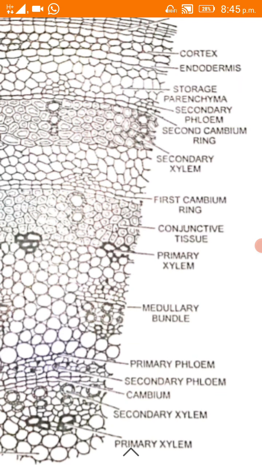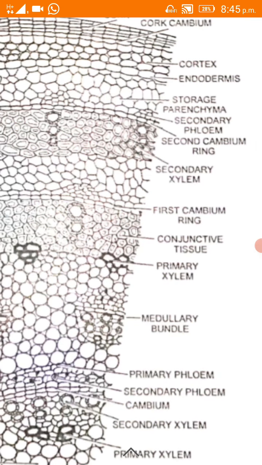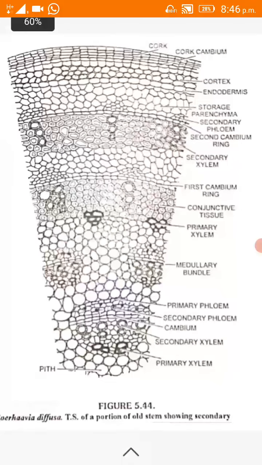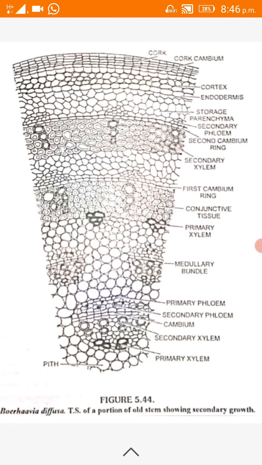It produces cork toward the outer side and secondary cortex toward the inner side. The cork layers, cork cambium and secondary cortex form the periderm.